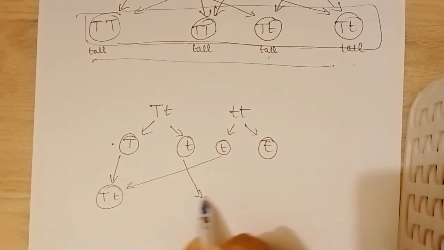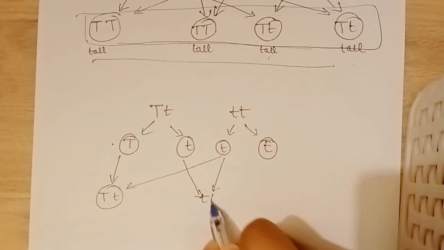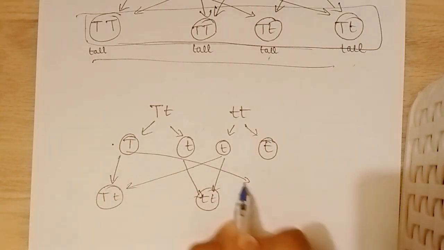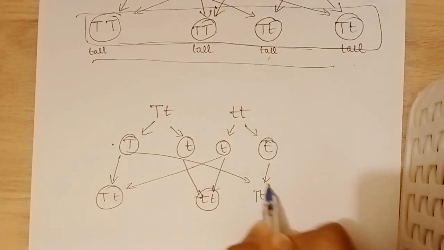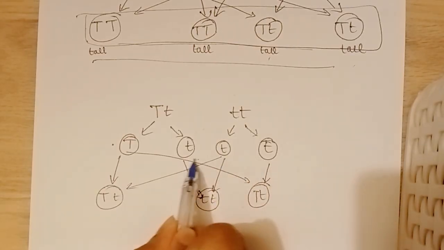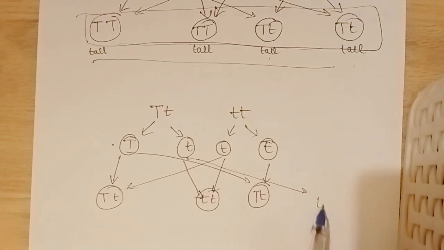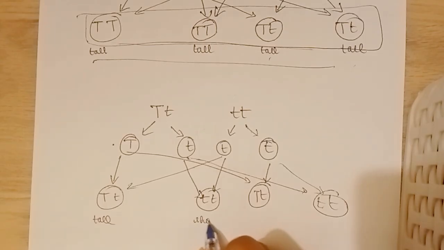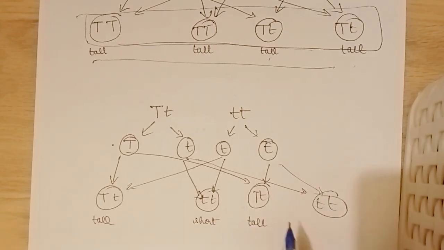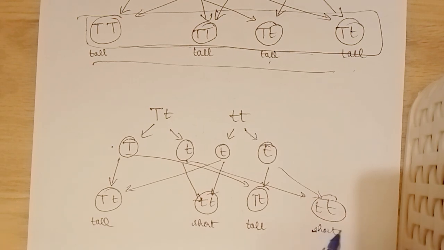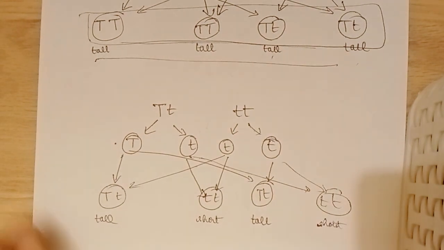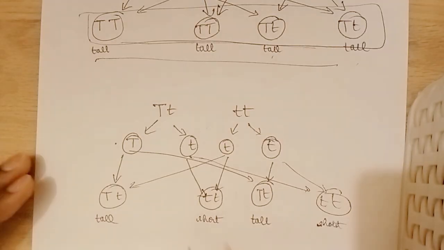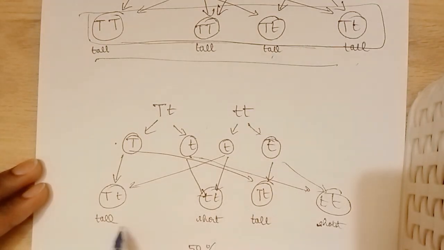Now this small t and this small t, this capital T and this small t, and this small t and this small t. Here, when you look, this is a tall offspring, this is a short offspring, this is again a tall offspring, and this is a short offspring. So the chance of getting a tall or a short offspring is 50%, because two are tall and two are short.